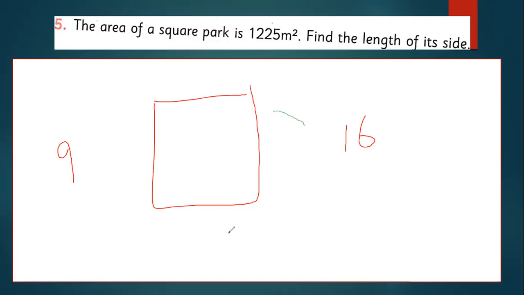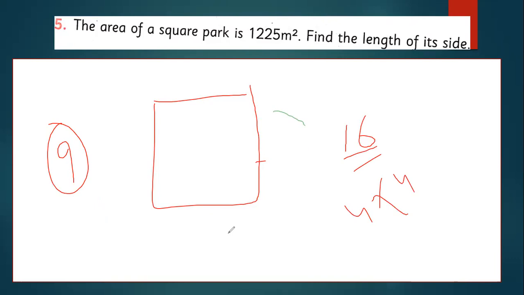In the previous question we took 9, so 3 3s are 9, so each side is 3. Here, 16, so 4 4s are 16. It means each and every side is 4.